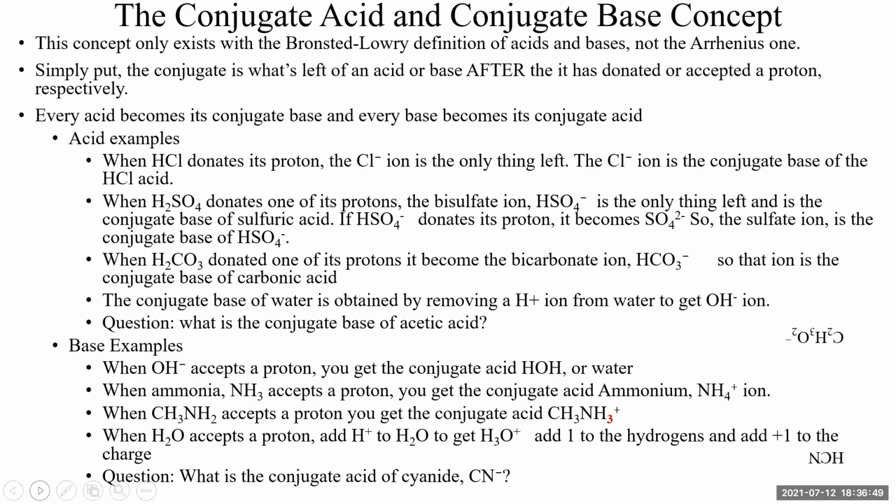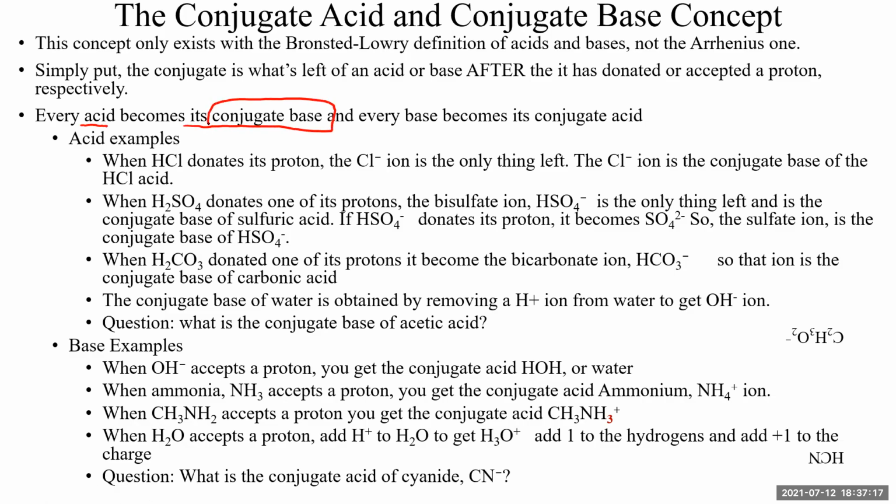And likewise, when a base reacts as a base, it does its base thing, and then it becomes an acid. It's what's left over after the reaction is finished of an acid or a base. So every acid becomes its conjugate base.